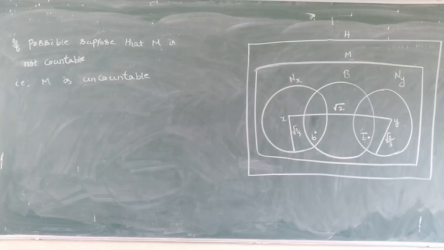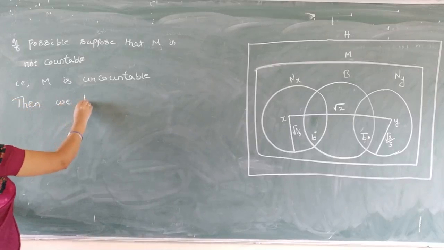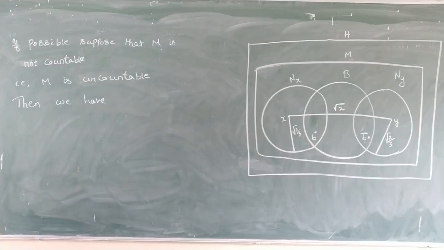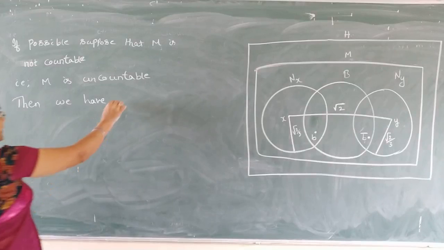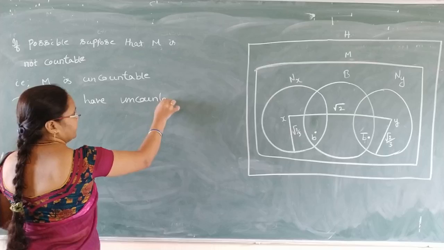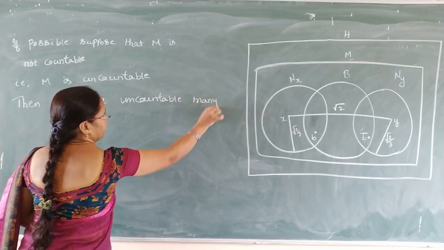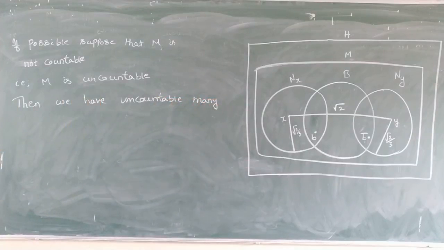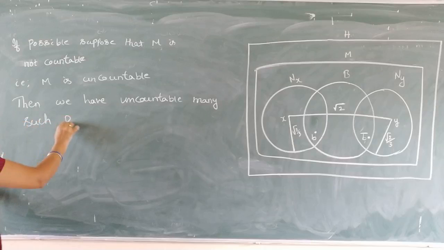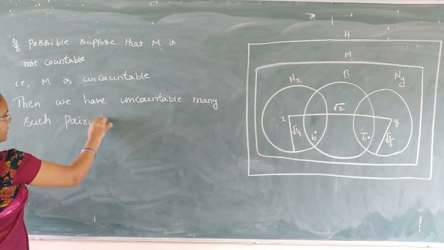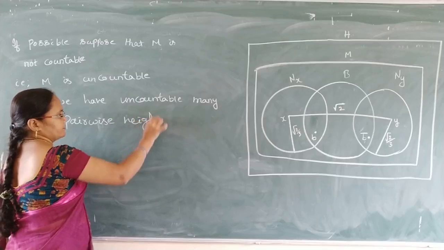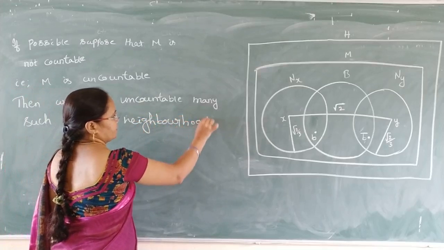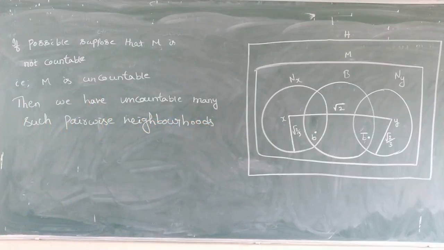So then we have uncountably many such pairwise disjoint neighborhoods.